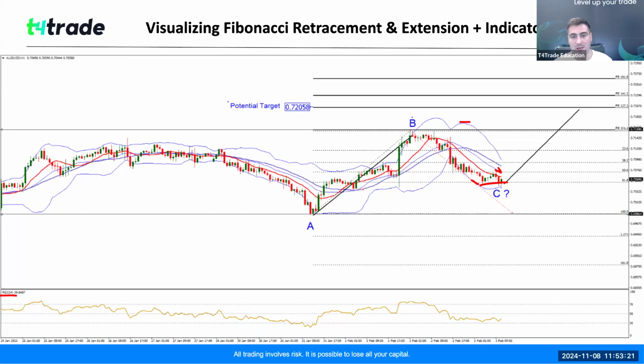The blue line, a little bit thicker than the Bollinger Band line, is one, and the other one is the red one. Okay, so we have moving averages where we can use moving average strategies, two moving averages, in order to gauge the current trajectory of the trend. And we also have RSI and the two Fibonacci tools, a retracement and an extension.